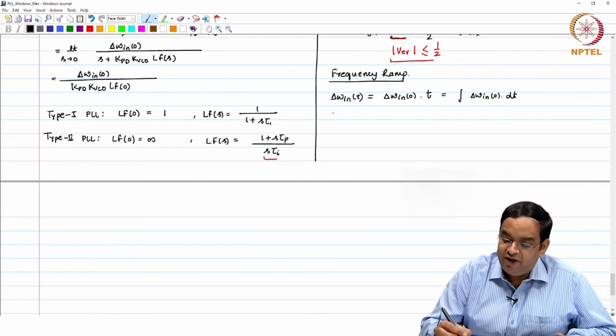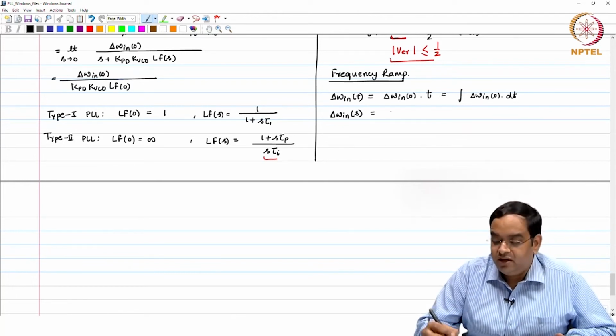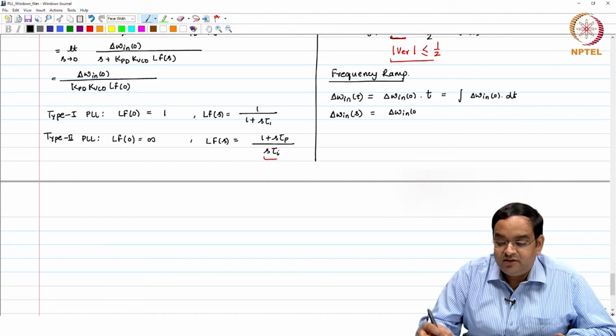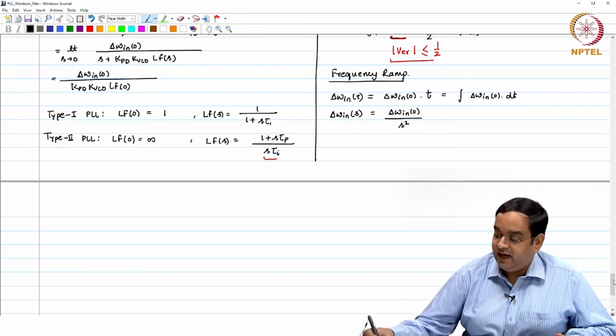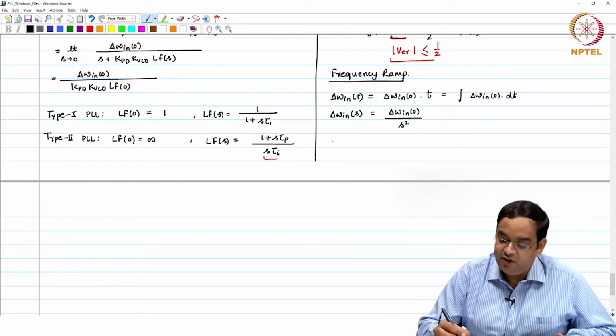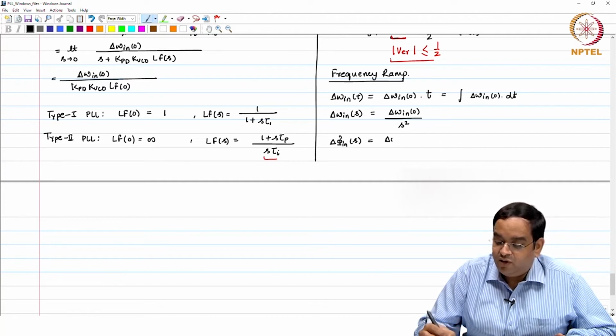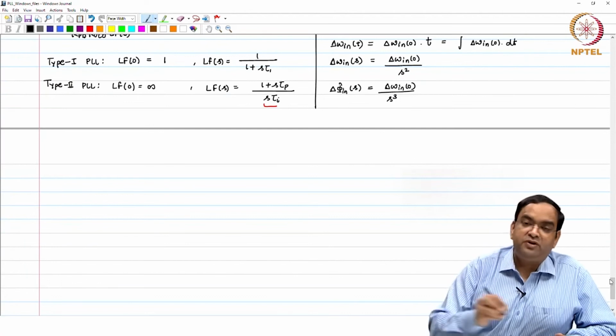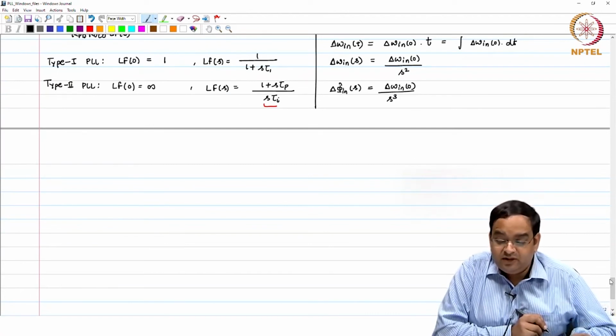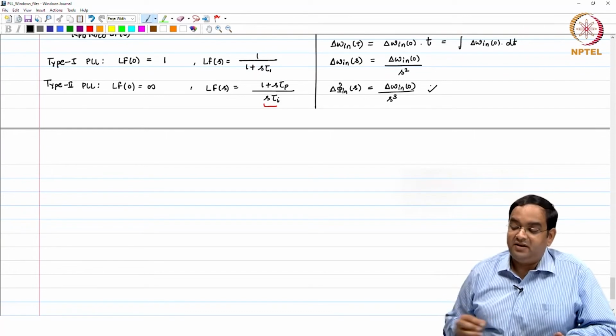For a frequency ramp, the transfer function in the Laplace domain for the change in the frequency is going to be delta omega in 0 divided by s square, and for the corresponding change in the phase, it is going to be delta omega in 0 divided by s cube. Now, for the desired frequency ramp, the change in phase is given by this.